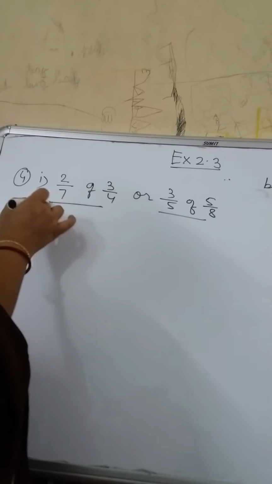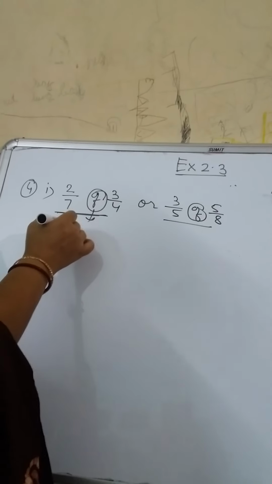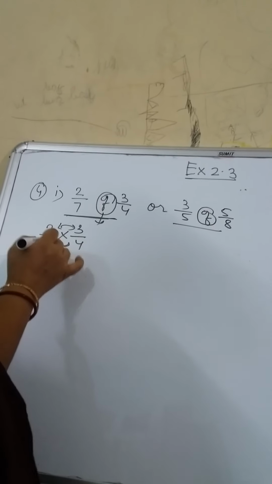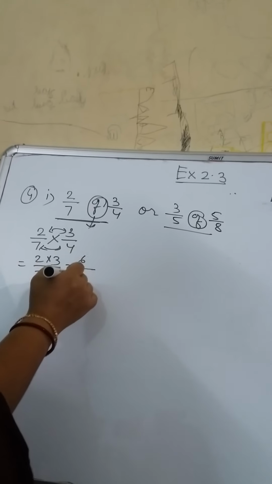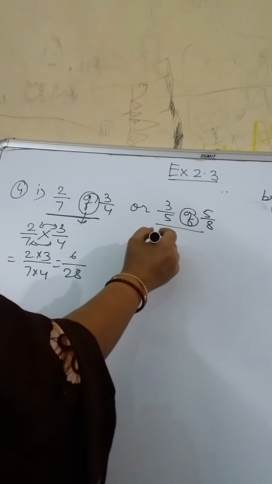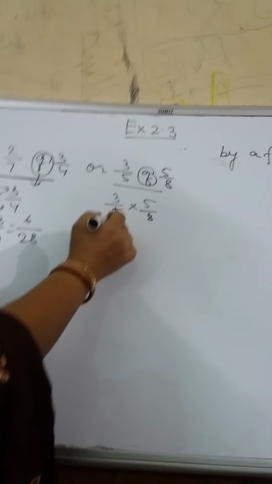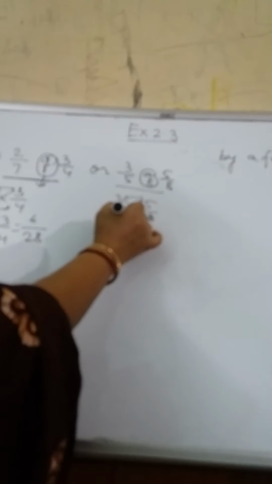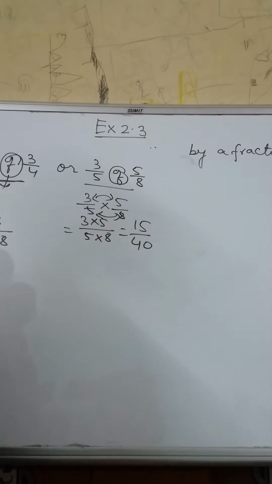So you have to first do that operation of. Of means multiply. So 2/7 multiplied by 3/4, that is 2 into 3 and 7 into 4, it will be 6/28, and here same, 3/5 into 5/8. It will be 3 into 5 and 5 into 8, it is 15/40.